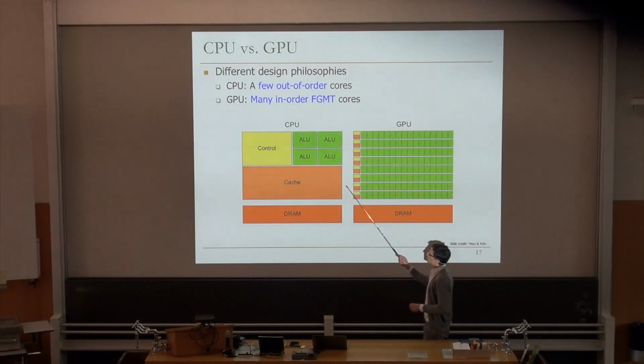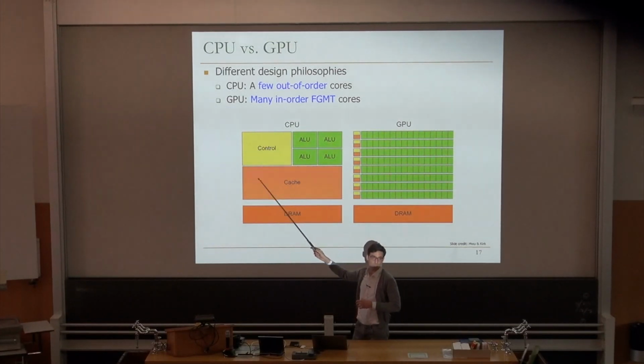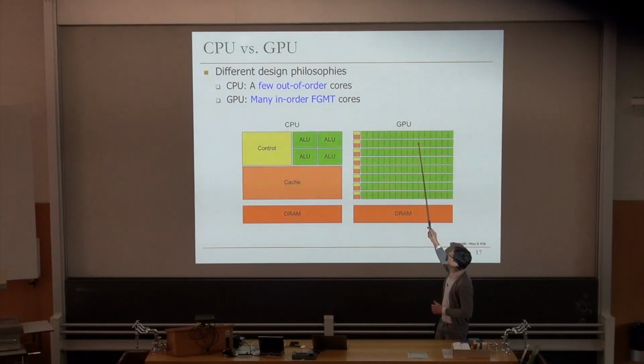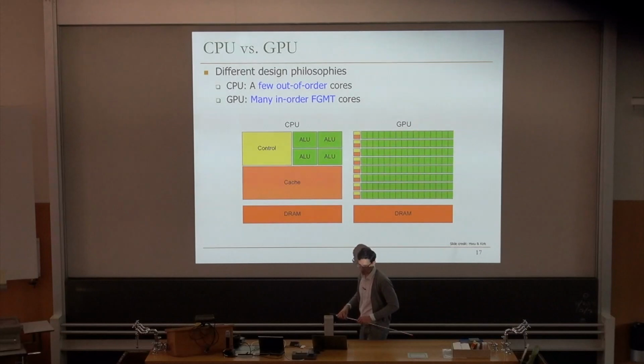In the CPU, we spend a lot of area on control, branch predictors, speculative execution, etc., and on having large on-chip caches. In the GPUs, we have in-order cores, so we don't need so much area for them. We have very small caches typically, and what we have is a lot of cores, right? A lot of SIMD lanes.